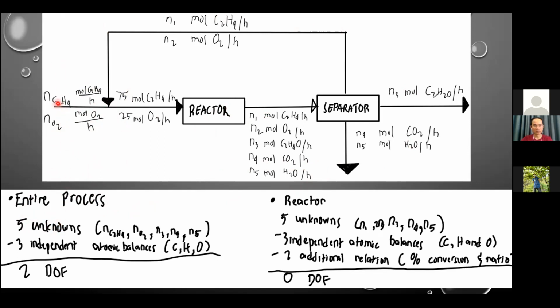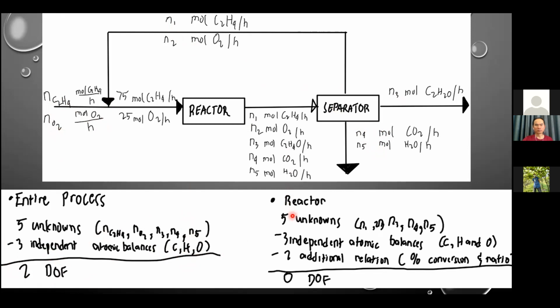The NC2H4 entering the mixing point, and then NO2, N3, N4, and N5. These are the unknowns for the entire process, minus the 3 independent atomic balances, the carbon, hydrogen, and oxygen. So it yields 2 degrees of freedom.